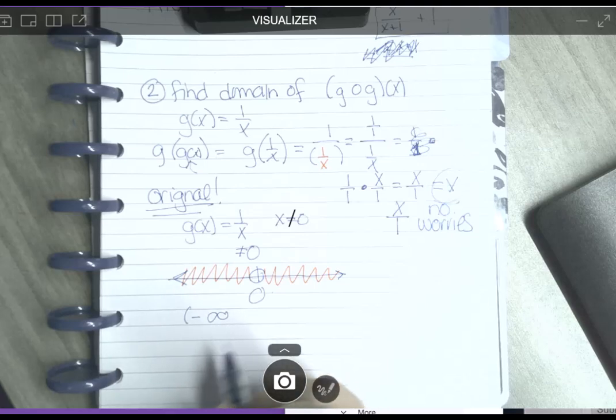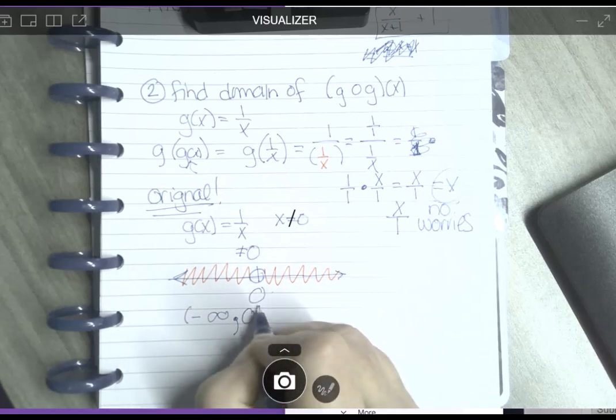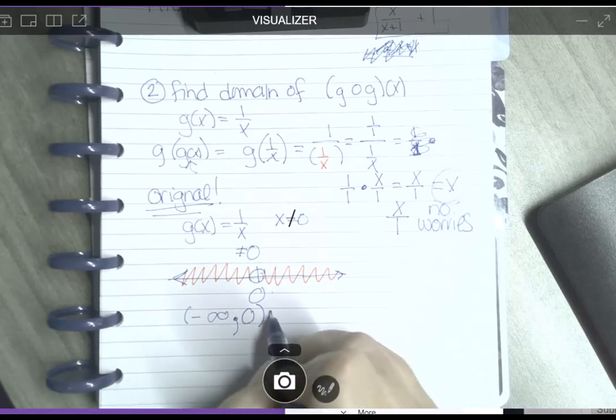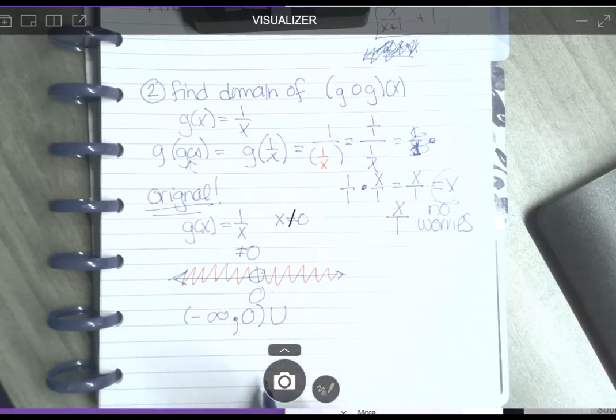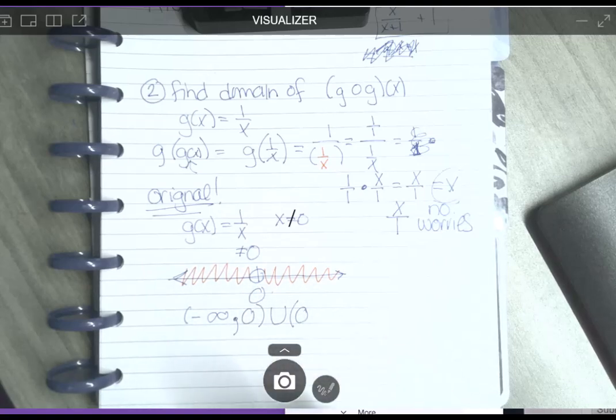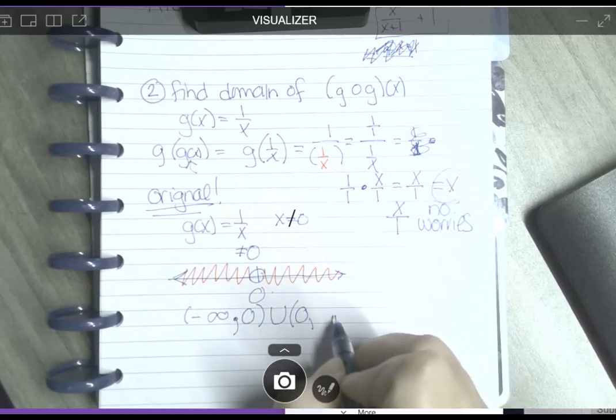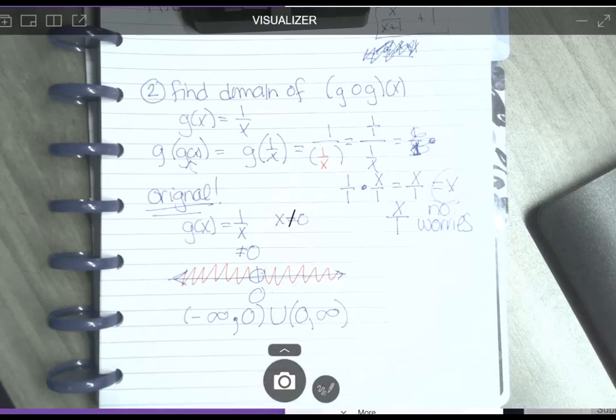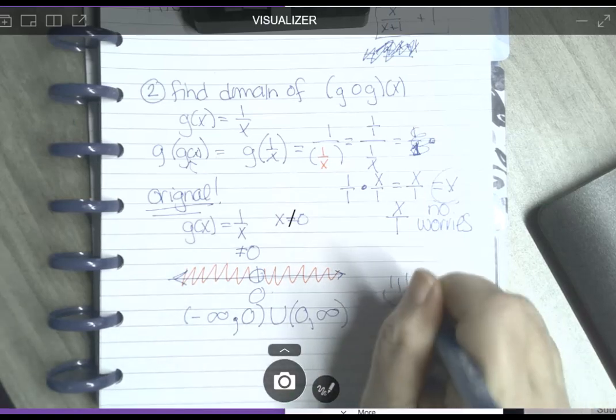You can write negative sideways 8 if you like, comma. Now we're going to go to 0, but we can't include 0. So we're going to have 0 in a parentheses. And, or union, we're going to start at 0, but not including 0. So that's why we have a parentheses to infinity. And we just did all of it. Pretty cool.